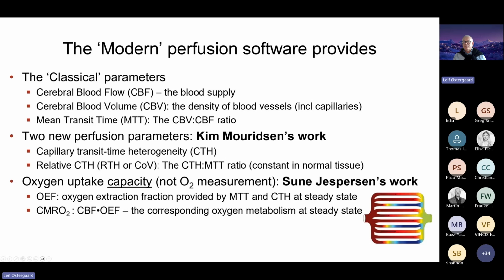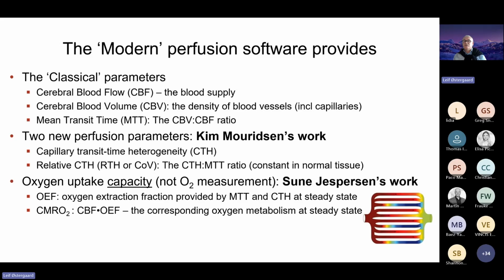And on top of that, using Sune's work, as you saw before, based on these two parameters, we can calculate the oxygen extraction fraction. So essentially the oxygen extraction that tissue would be able to sustain with the microcirculation that it has. It doesn't measure oxygen uptake directly, but it makes a biophysical estimate of how big OEF can be.